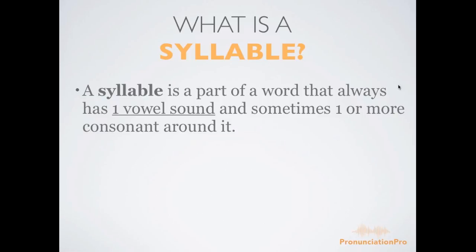S-E-A-T has two vowel letters, but one vowel sound, E, that long E. So one vowel sound per syllable.